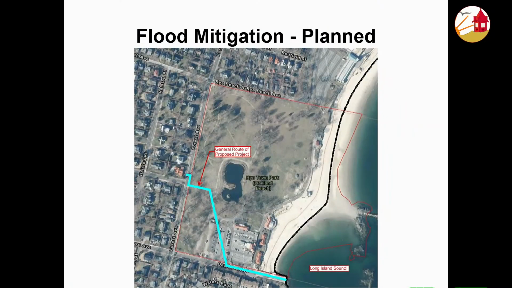In conjunction with that, a couple of other projects. One is the pond drainage flood mitigation. As a result of Hurricane Ida, we were able to procure a grant from FEMA to do a study as to what caused all of this flooding.